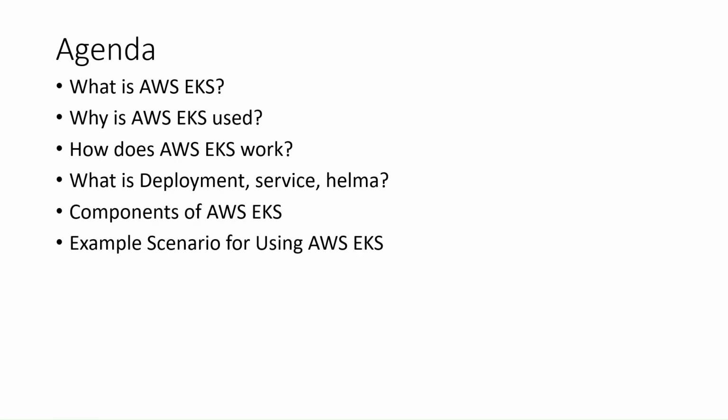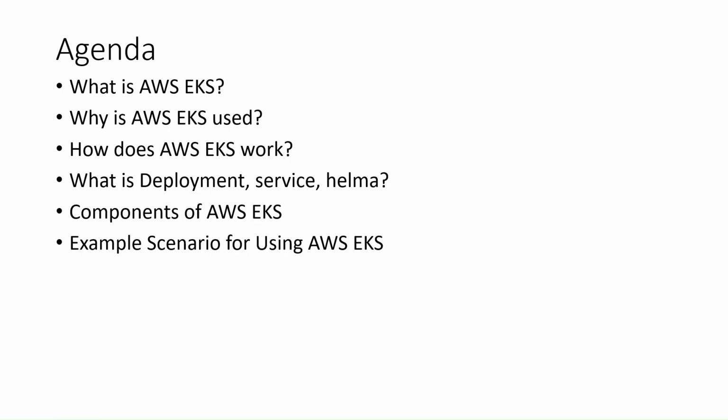So we'll go and try to understand what exactly EKS is. Fine. The agenda of the session we're going to cover is what EKS is and why we use it, and how AWS EKS works.